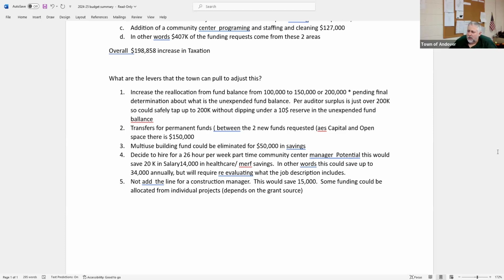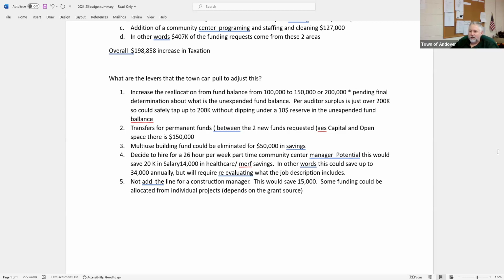Other than that, if you look at the permanent funds, the two new ones that we're putting money into are the AES Capital Fund and the Open Space Fund. Between those two is about $150,000. The multi-use building fund is $50,000. And then after that, if you make a decision not to go for a full-time person for the community center, you could probably figure on saving at least $20K in salary.